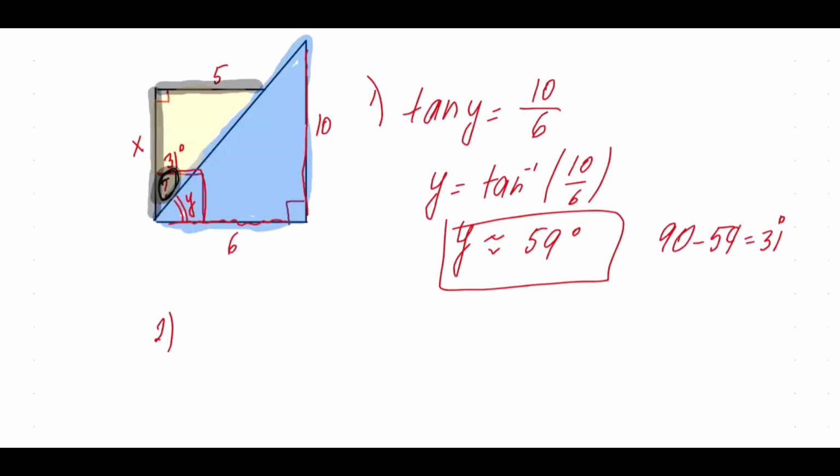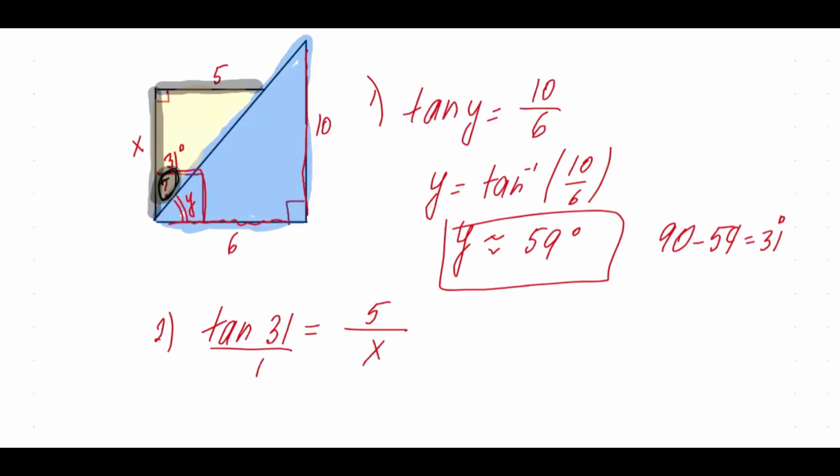So again, we have to use tangent, but this time we have the angle given. So tangent of 31 equals, in the ratio, we have to put opposite up and over adjacent. So adjacent goes down. Now we have a proportion that we need to solve. I'm going to use a shortcut.